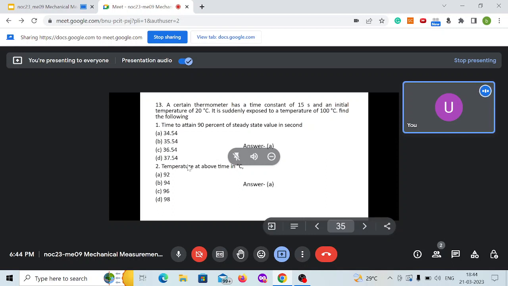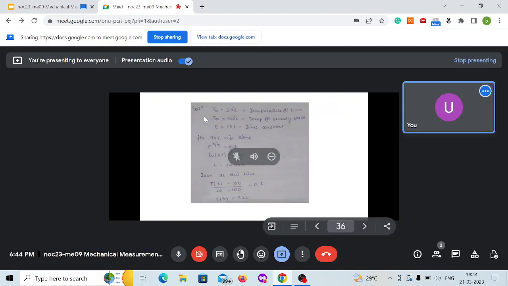So in that case the answers are 34.54 seconds and 92 degrees Celsius. So it will take 34.54 seconds to reach 90%, and at that time it will be 92 degrees Celsius. So the solution: your initial temperature is 20 degrees Celsius and the ambient it is exposed to is 100 degrees Celsius, which will be the steady state after t equals infinity, or a large time.